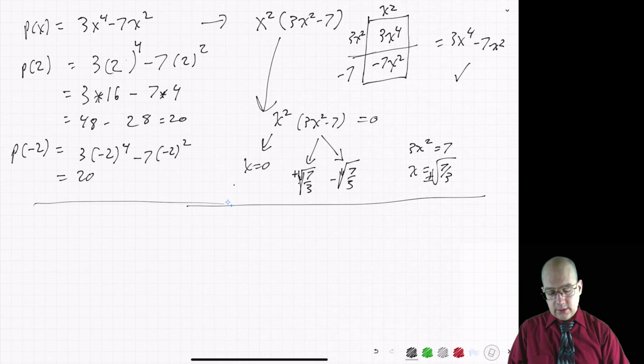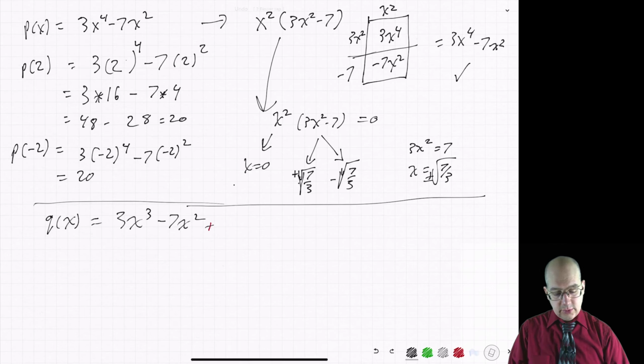Now let's do another polynomial. Let's say q of x equals 3x cubed minus 7x squared.